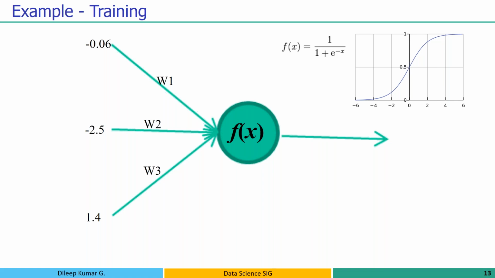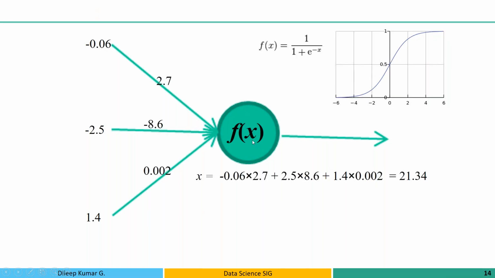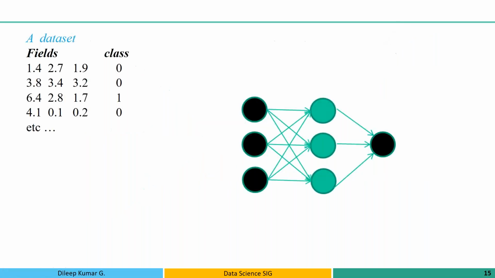So this is what the activation function gives as output. Normally the neural network works in this manner. For example, I gave these values for these weights, and then I got the value 21.34. Then I can just interpret that as 1. It is a positive value, so I can convert that into 1, like this.